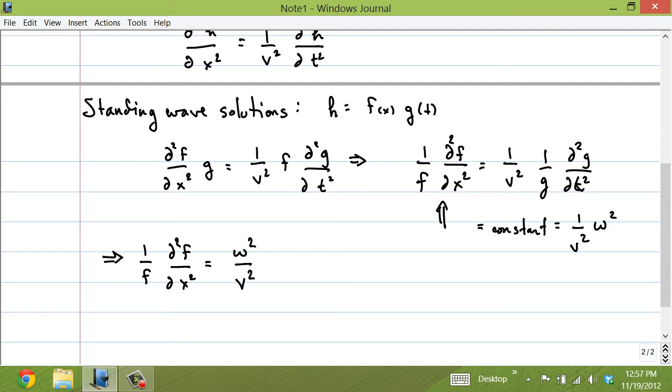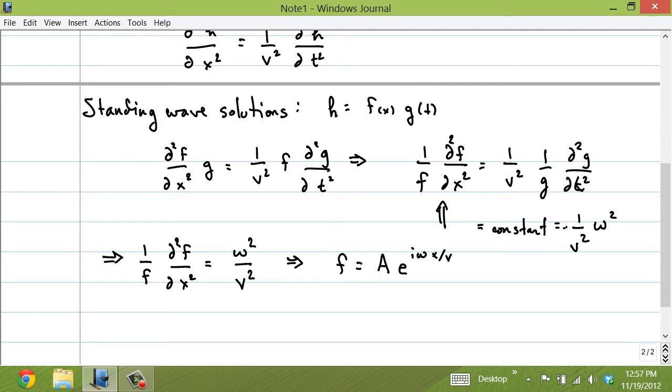So what is the solution? Well, the easiest solutions to write down are just sines and cosines. So a solution would be something of the form a constant times e to the i omega x over v. Oops, did I make a sign mistake? Yeah, sorry.